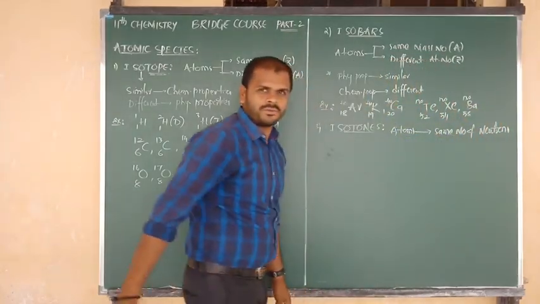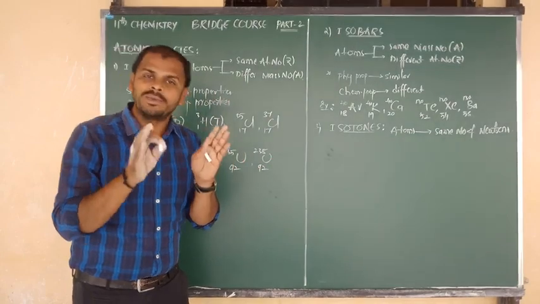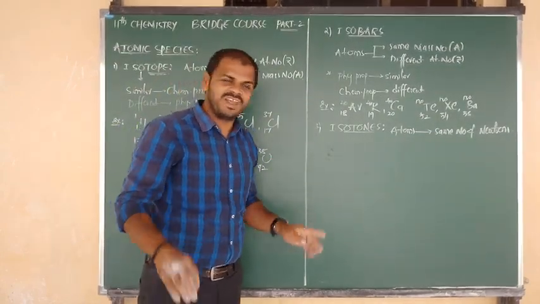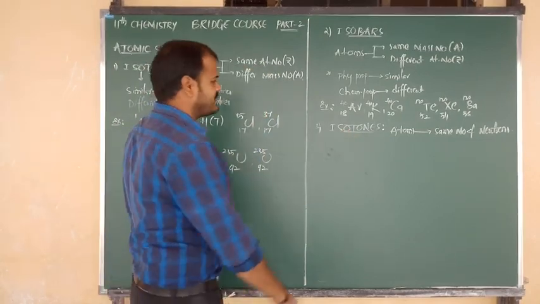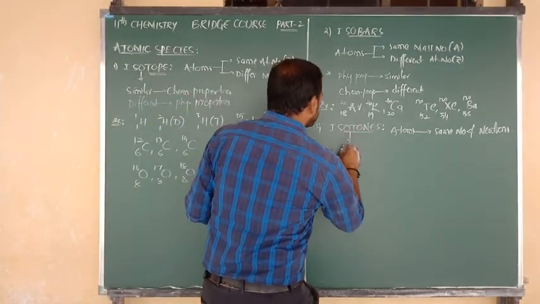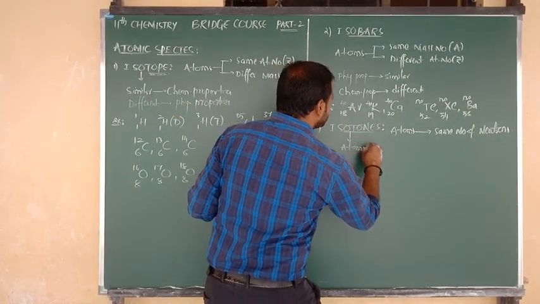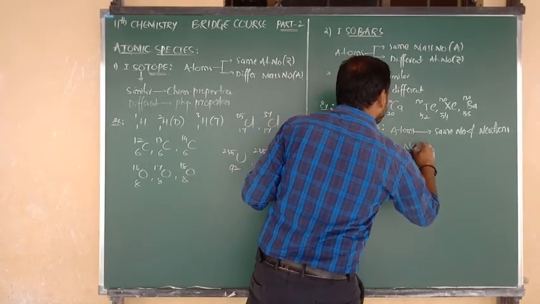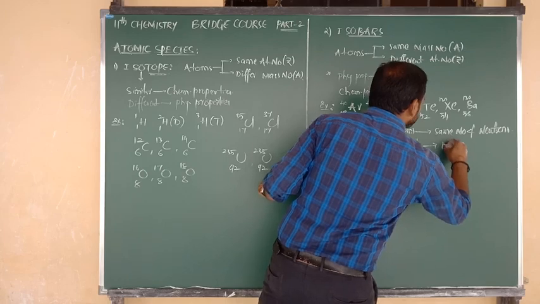This is important for you. The number of neutrons should be the same, and what about atomic and mass number? They should be different in the category of isotones. So in the category of isotones, what about the atomic and mass numbers, beta? Atomic and mass numbers are different.